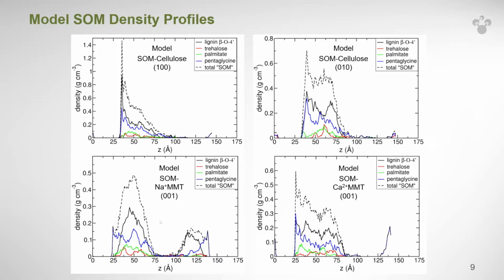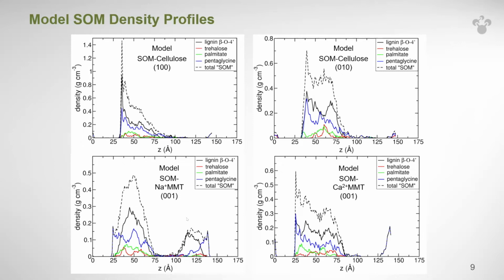With respect to the mineral surfaces, with the sodium montmorillonite, we see that the hydrophobic lignin is not really interacting with the montmorillonite surface, and that's expected since there's a lot of water pooling up at the surface, along with the charge of the system being negative, and the sodium ions also aggregating around this area too, which create a quite hydrophilic wall for that lignin to interact with.